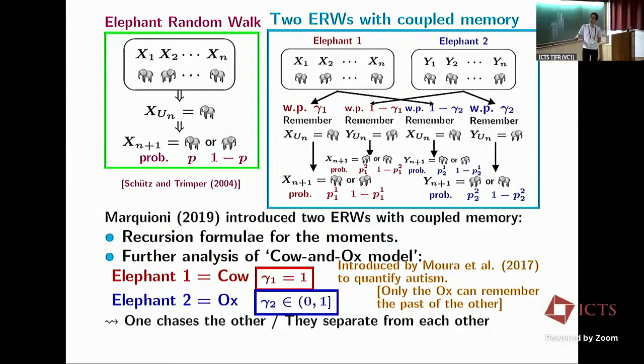One is that one animal chases the other, and in the second situation, they separate from each other. Now, the model I would like to talk about has a similar feature, like in the second stage.